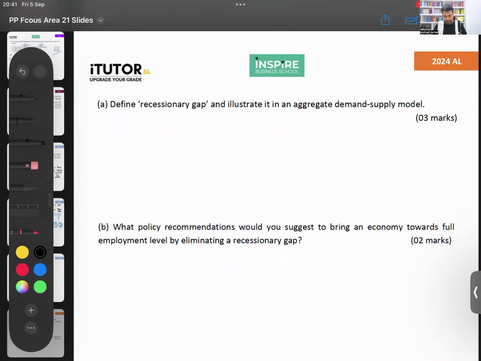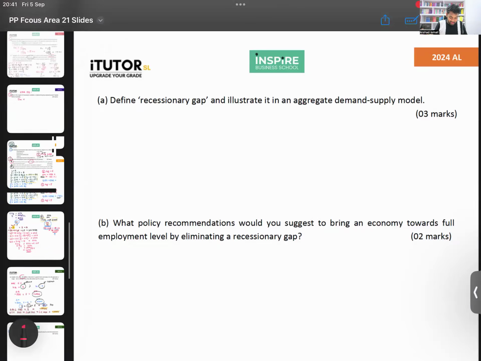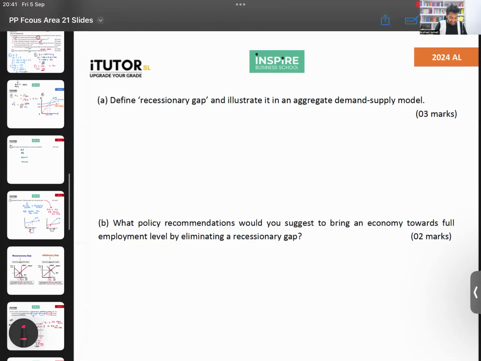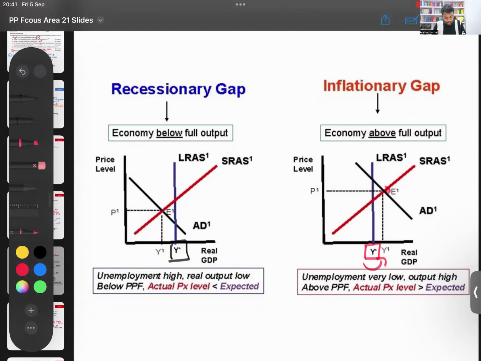2024. Define a recessionary gap and illustrate it in the aggregate demand and supply model. You know what you should draw. A recessionary gap in an aggregate demand and supply model. So your full employment level. You should show this is your full employment level, but you're at equilibrium below full level.